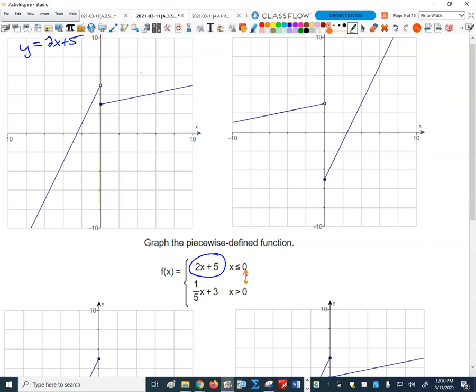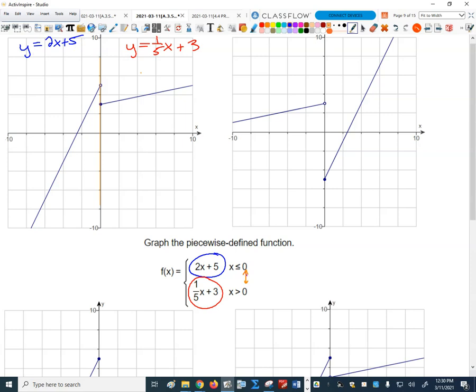And when x is greater than 0, we should be graphing the function y equals 1/5 x plus 3. Okay? Let's see if that works. Well, let's check this line.